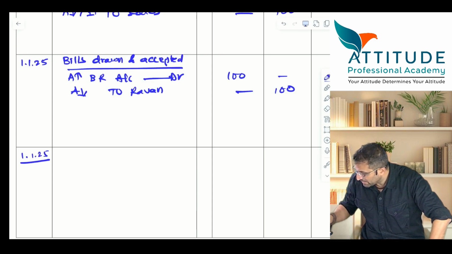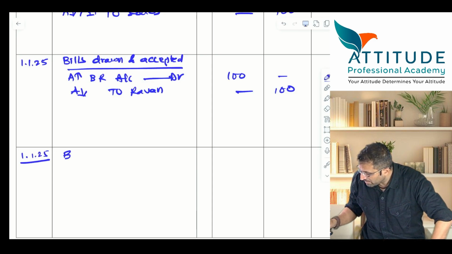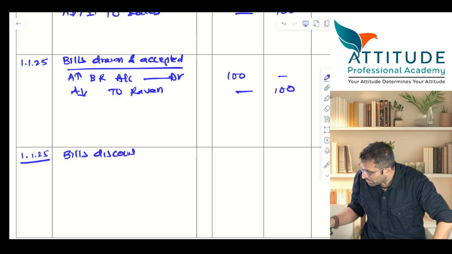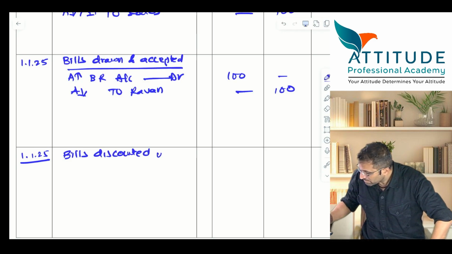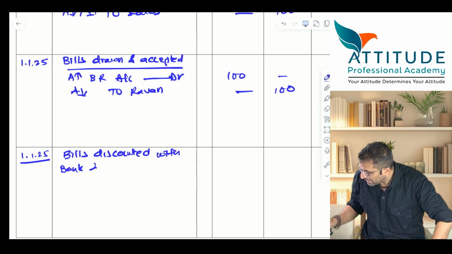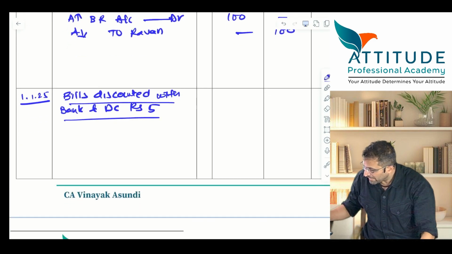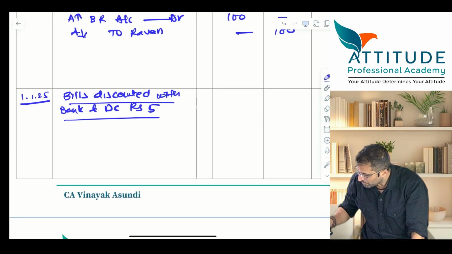1/1/2025, same date. Bills discounted with bank, and discount charges rupees 5. Entry. Asset increases, bank account debit.